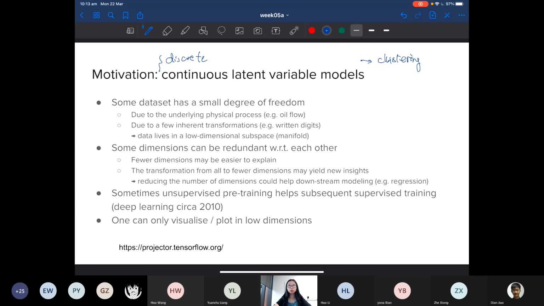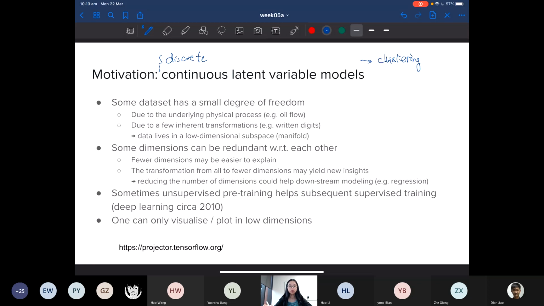It has 12 measurements, but the underlying physical process only has 2 dimensions of freedom. And some data sets, such as handwritten digits, have 256 pixel values, but there are only a few inherent transformations of digits that make physical sense, such as the size of the digit, the rotation, and the shifts of the digit.